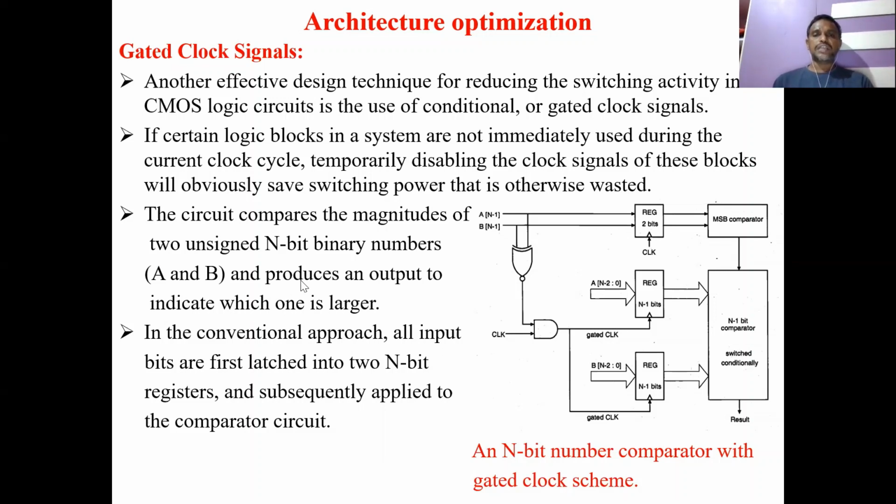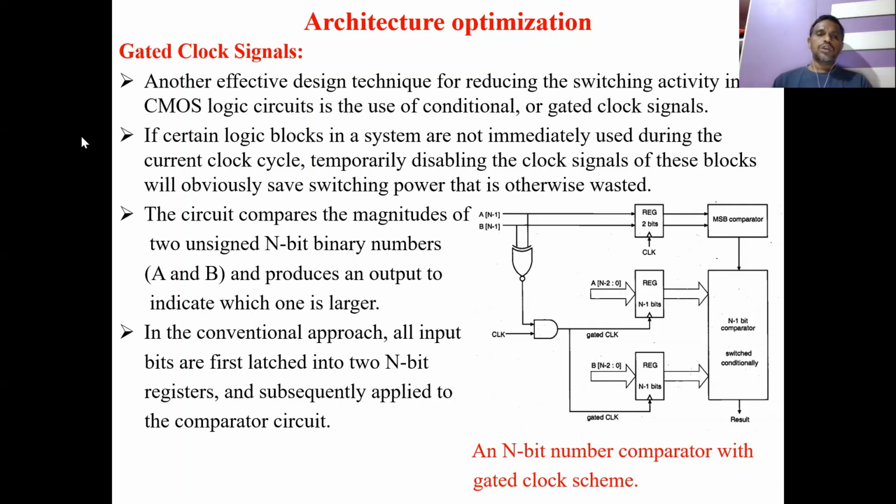If certain logic blocks in a system are not immediately used during the current clock cycle, some logic blocks we cannot use at that time, we don't apply any clock pulse for them. Due to that we can reduce the power.